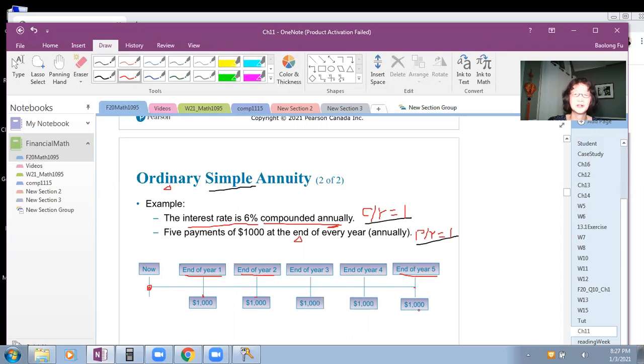So this is an example of an ordinary simple annuity. Ordinary means payment is made at the end. Simple means the number of payments per year equals the number of interest conversion periods per year.